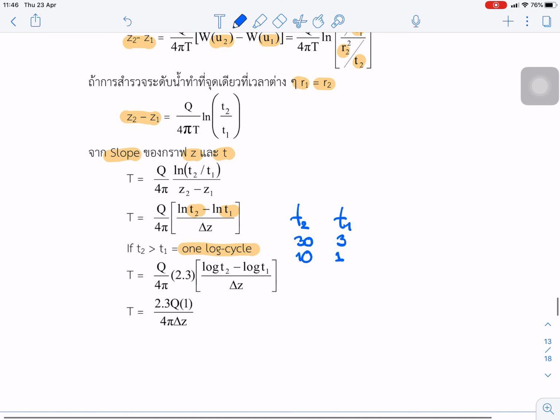So if we take the log of this term, it is going to be 1, because the difference of the time is one log cycle.